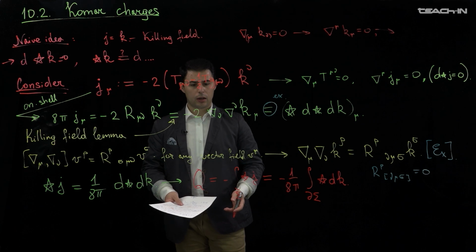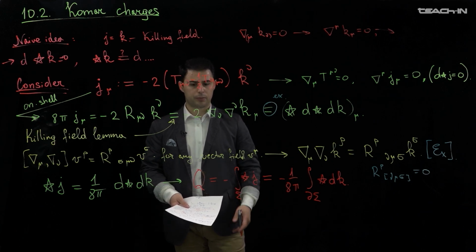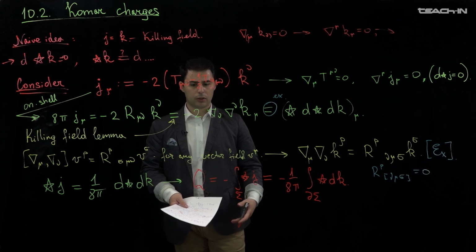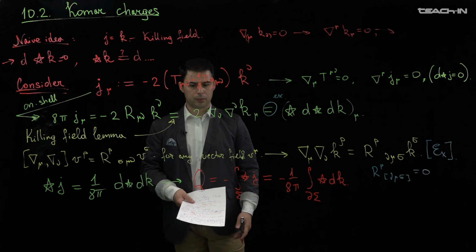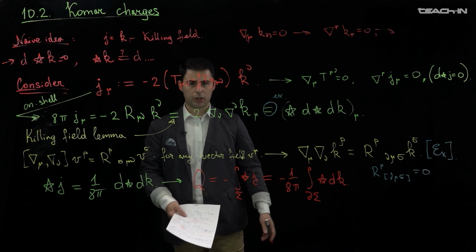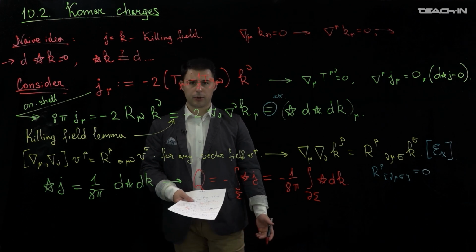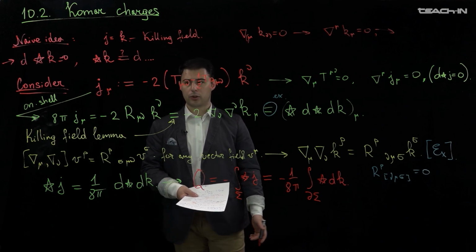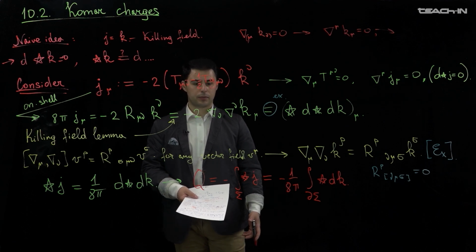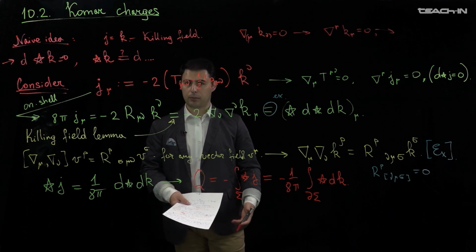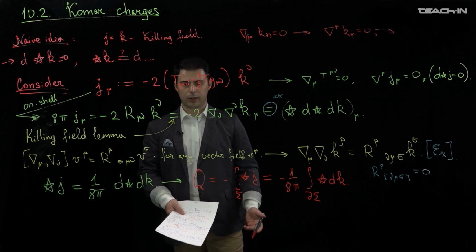Also notice that we have defined this charge for a given Killing field, and the nature of this charge depends on the Killing field we are considering. If we take a time-like Killing field, we can define the mass of the spacetime, and if we take the axisymmetric field, we define the angular momentum.